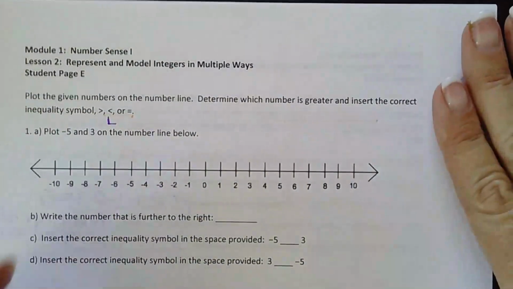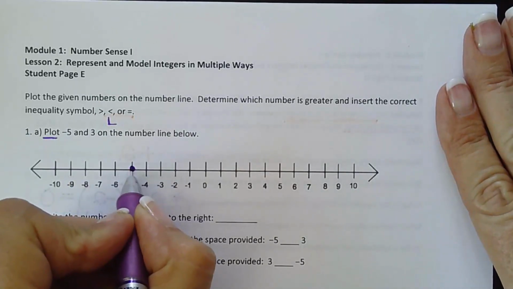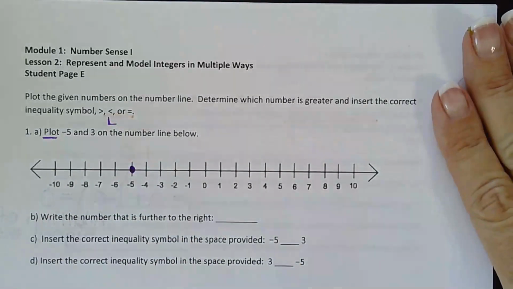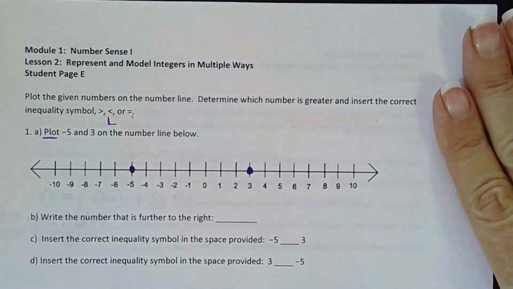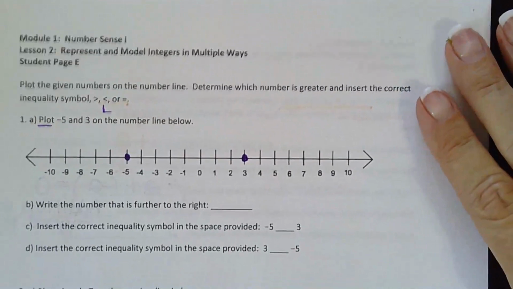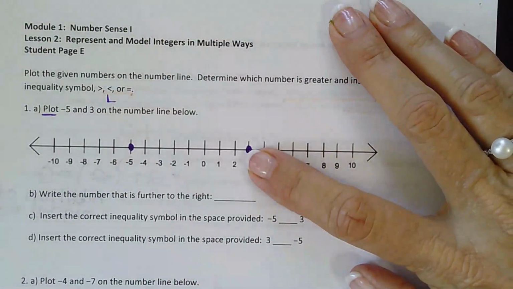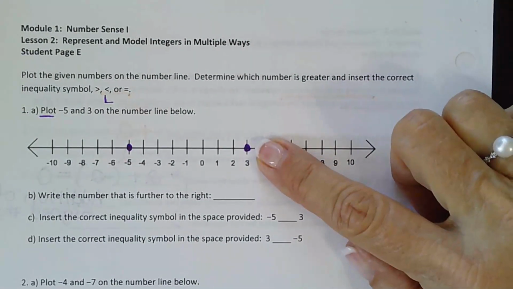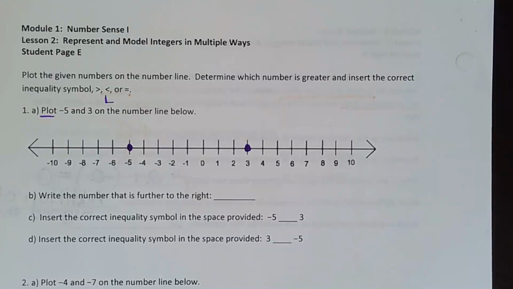So here we have -5 and it says plot. Remember that means make a point, don't circle it. And +3. Write the number that is further to the right. So whichever number is further to the right is always going to be your greatest number. And students will go, oh, I get that.